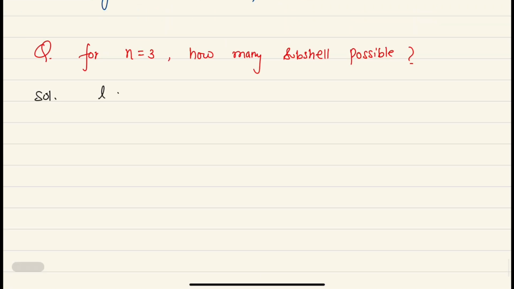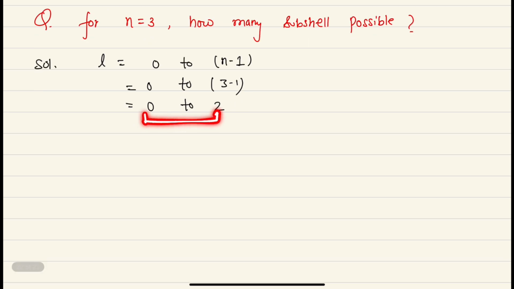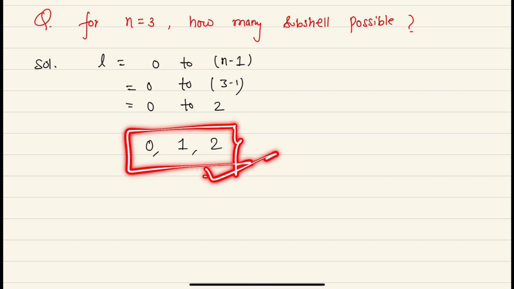Now, here in the question, n equal to 3. So put it here, 3 minus 1. So we'll get 0 to 2. Between 0 to 2, how many integer values do you have? So that is 0, 1 and 2. These are the only integer values possible. These are the only possible L values for n equal to 3.